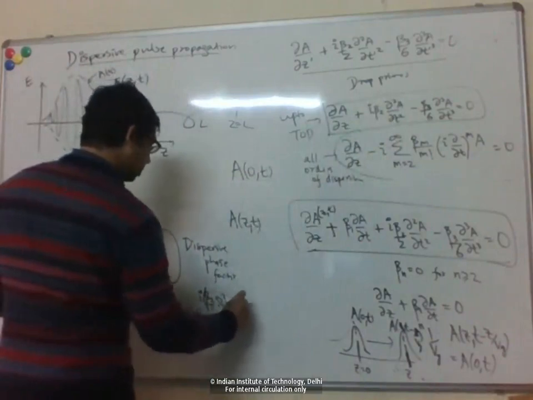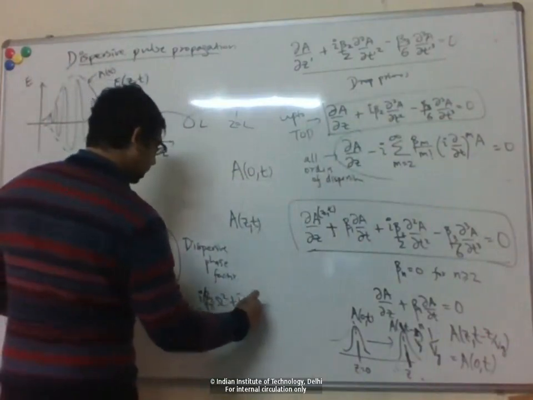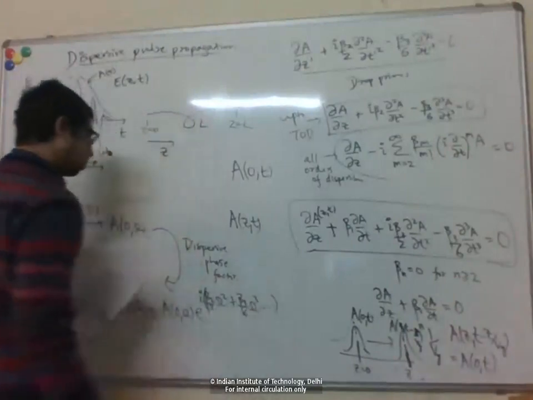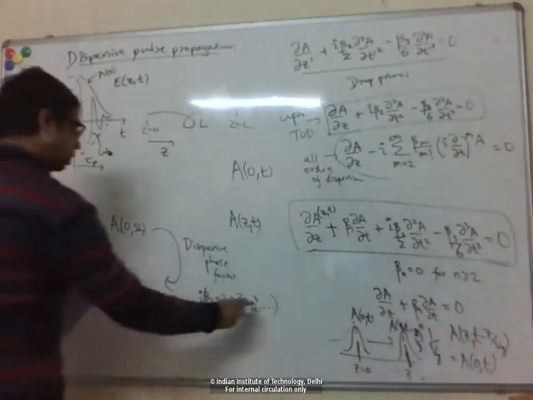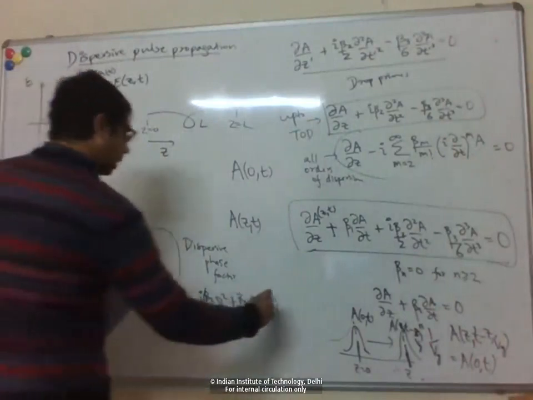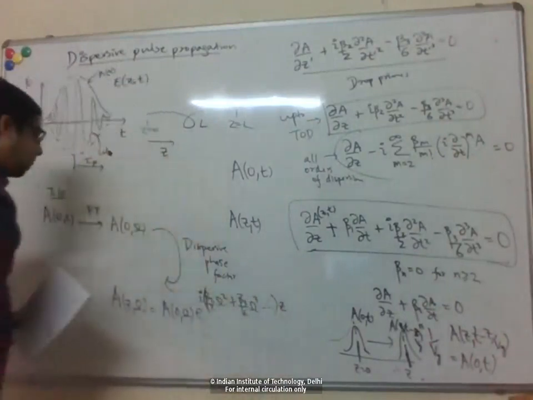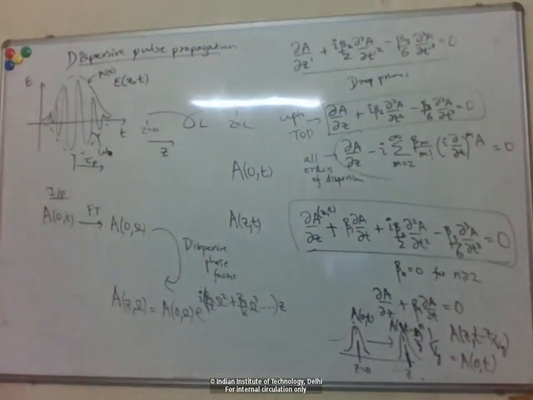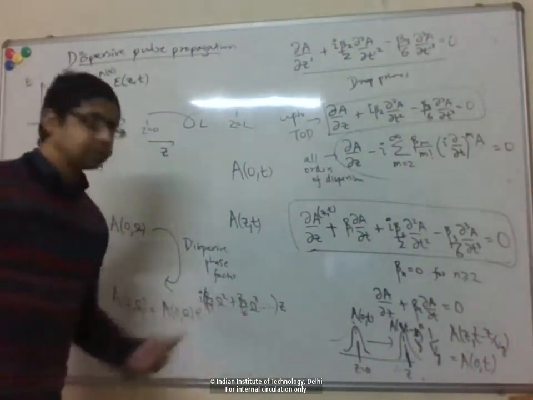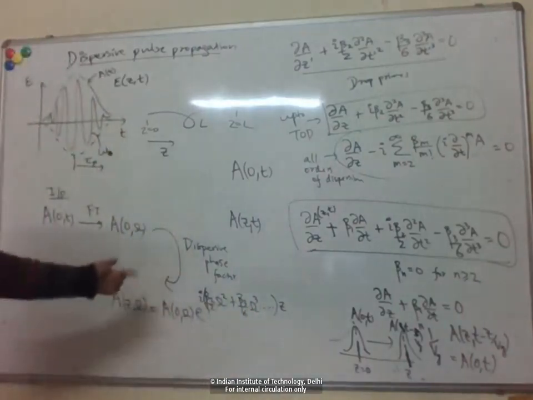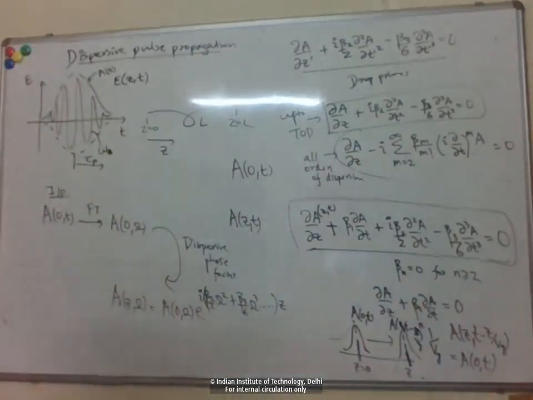The next term will give me beta 3 times omega cube, and so on, up to however many orders you want to include, and Z. So the effect of dispersion in the frequency domain is very simple. It's just a phase, so I can easily do that, right?